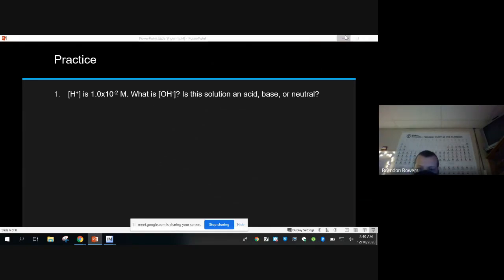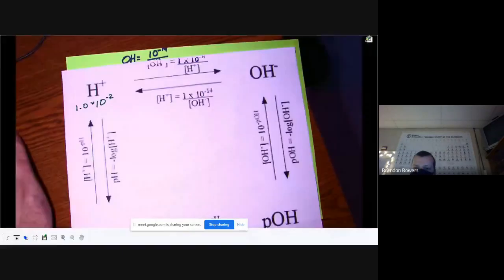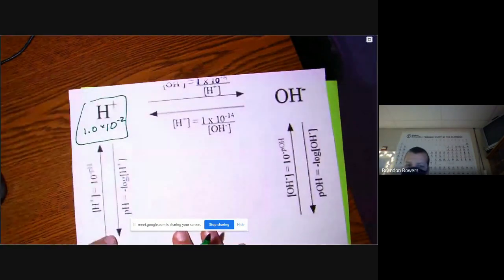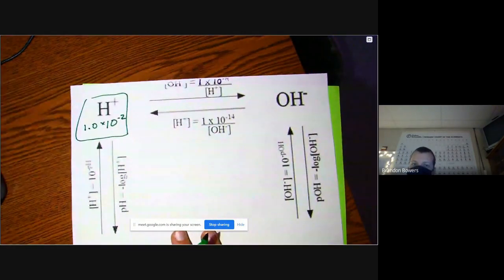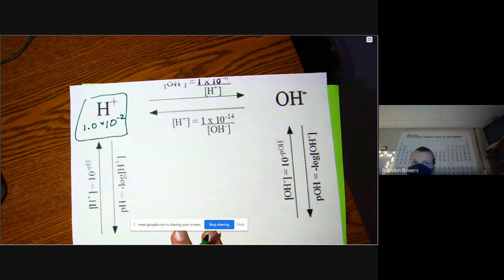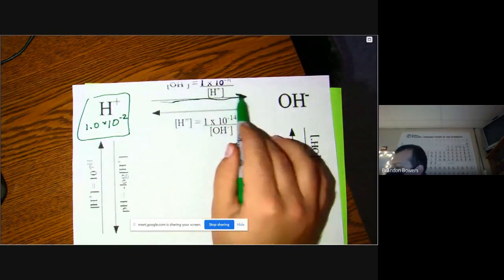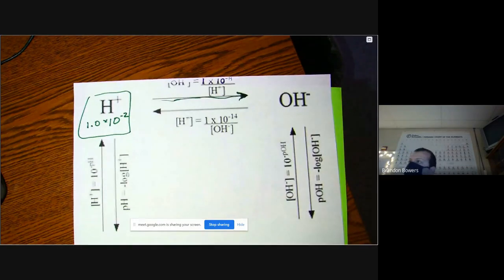So if I go back, I know this value right here. And I'm asked, what is the OH value? What am I going to do? You do OH equals 10 to the negative 14th power divided by 1 times 10 to the negative second power.